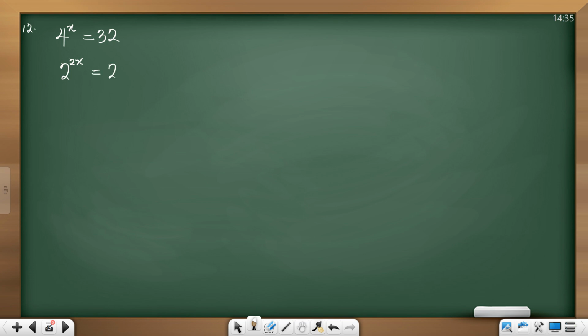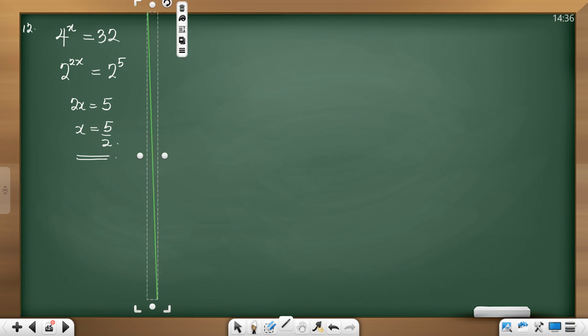And my 32 can be written as 2 to the power 5. Since the bases are equal, I'll equate the exponent. Just trust the process. Now, 2 is multiplying x on the left. If it goes to the right, it will divide. And I cannot simplify further. I'm going to leave my answer like that. Okay, do you see we're moving to another type of flavor of question?